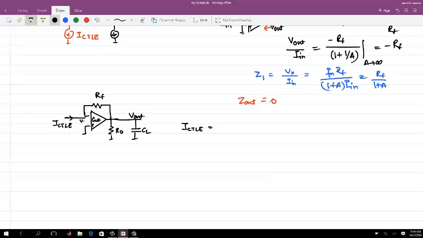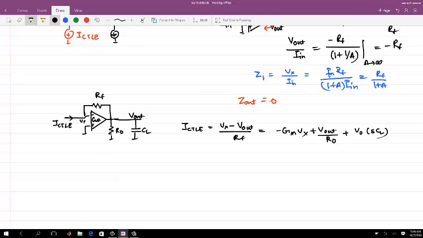I_RF is Vx minus Vout by RF, which is equal to, if this is positive and negative sign, minus gm Vx plus Vout by RO plus Vout into sCL.